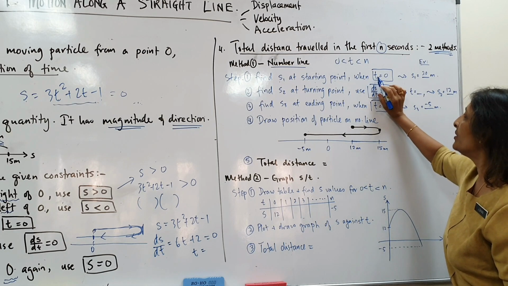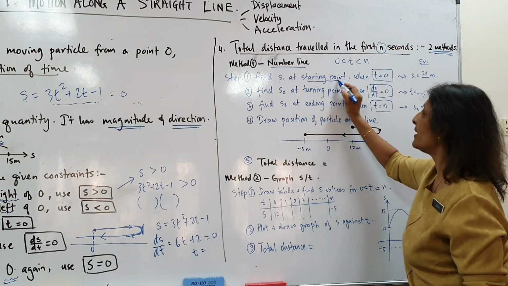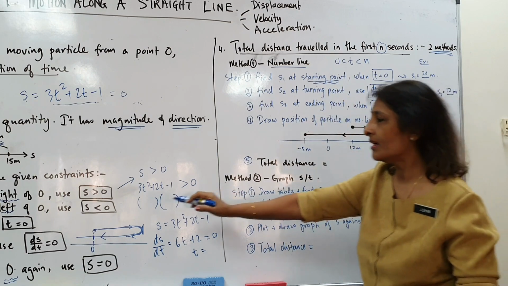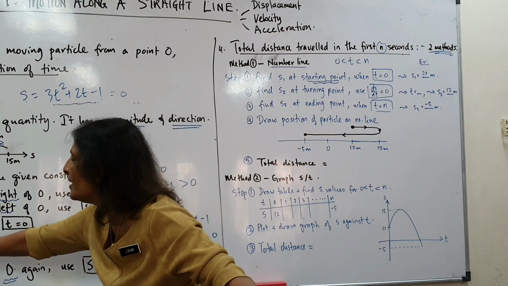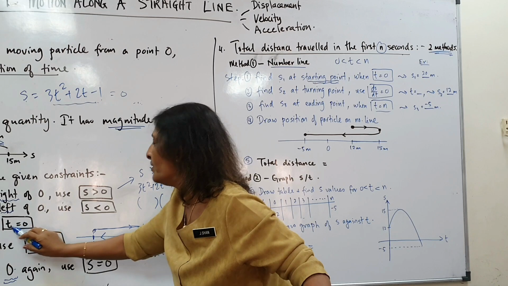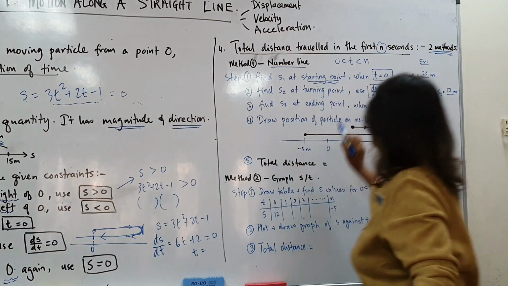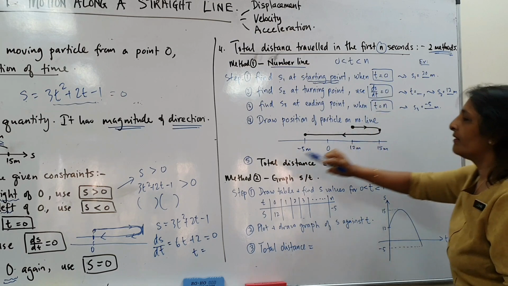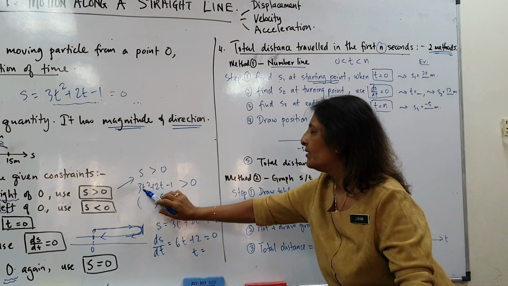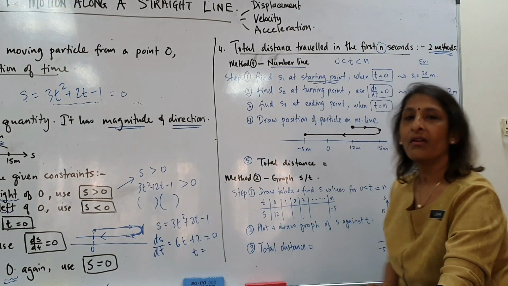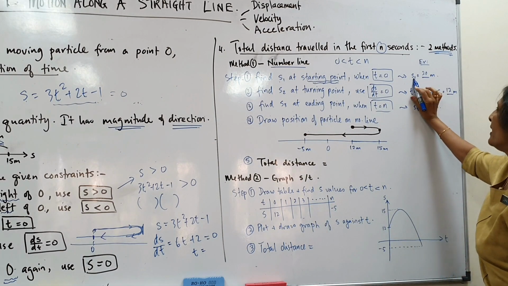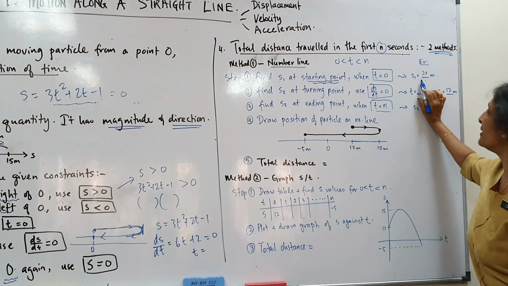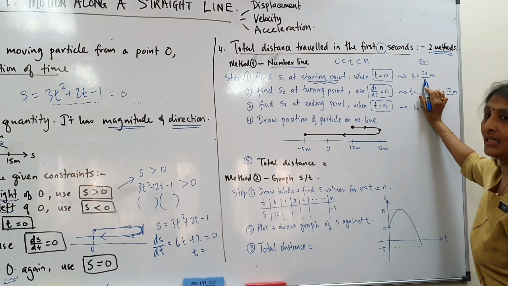Because you see the magic word starting point, we use t equals 0. We sub t equals 0 into the equation and you get your s. This is an example: let's say you got s is 20 meters.